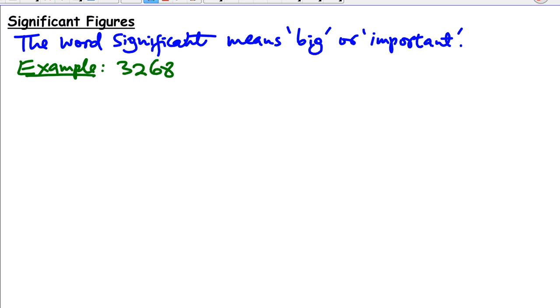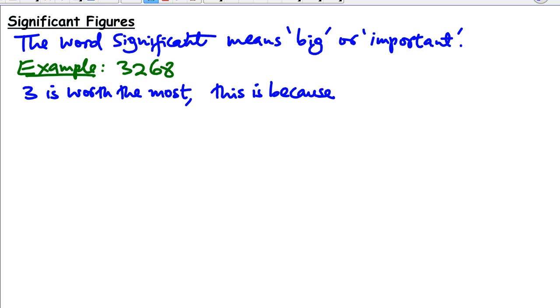This is because 3 represents 3000, because of its place value.